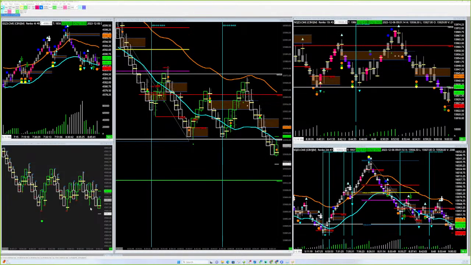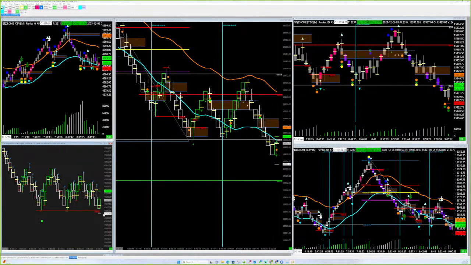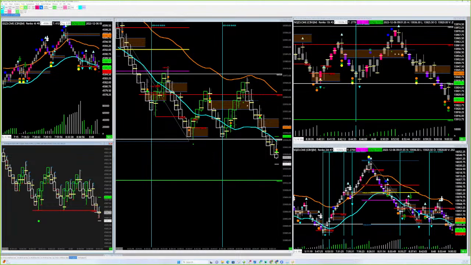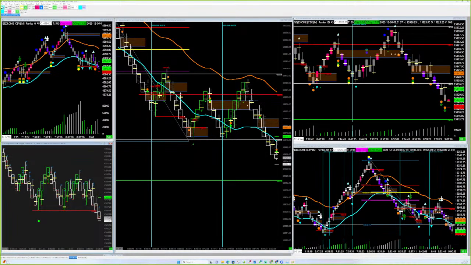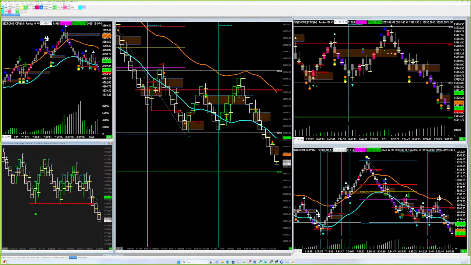And key broke and ES didn't. See that? Down, down, down. Coming down to test that 13. Now ES broke. What an odd order flow, huh?